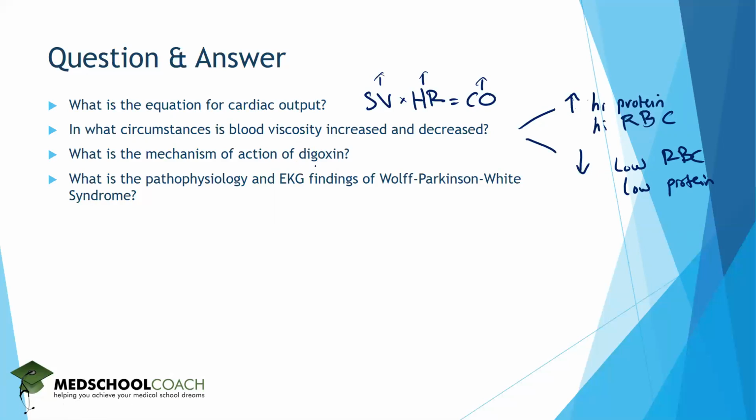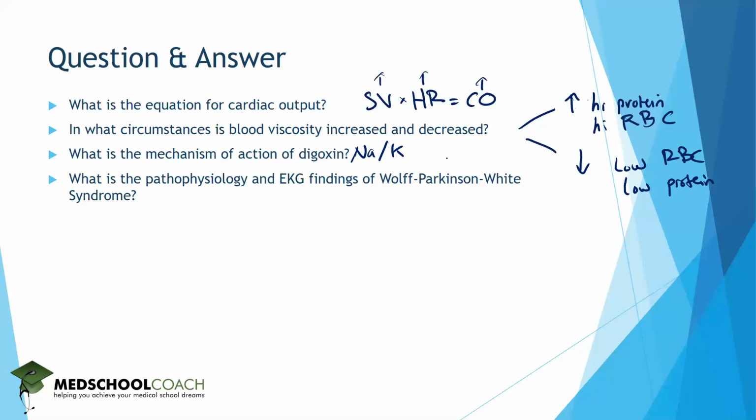Let's see, the third question here is the mechanism of action of digoxin. So it's going to increase calcium flow into the cell, the cardiac myocytes? It's less going to increase the flow into the cell but rather it's going to prevent the calcium from leaving the cell. Okay. The primary mechanism is it inhibits the sodium potassium ATPase.